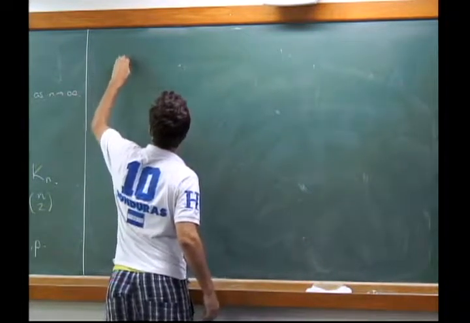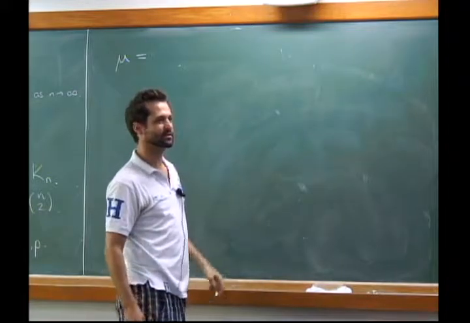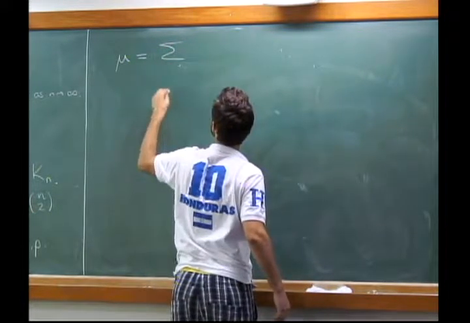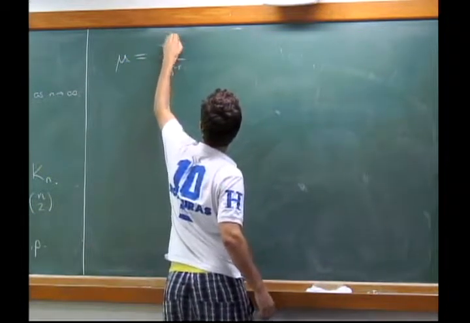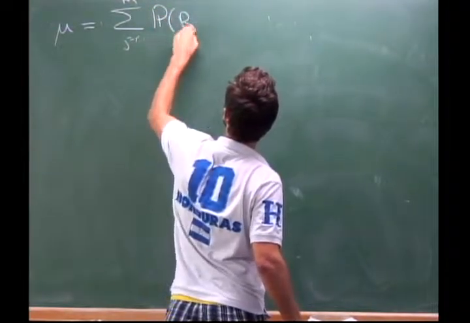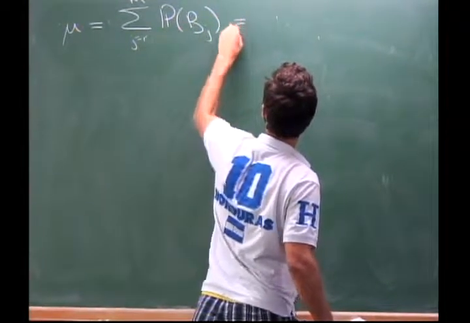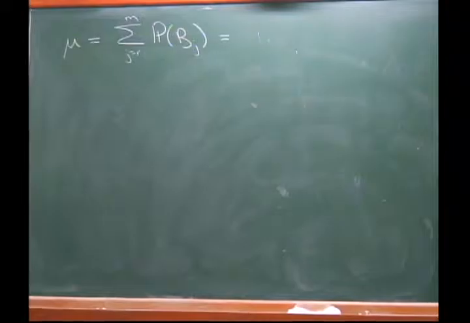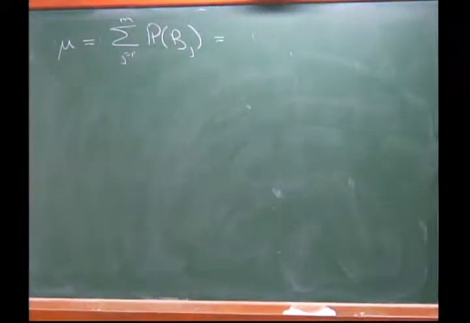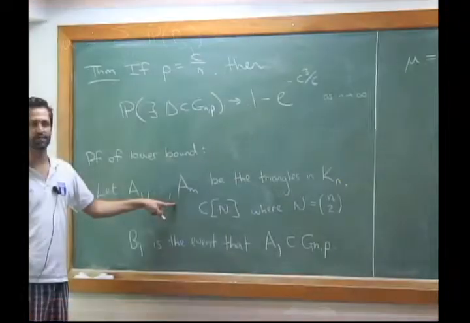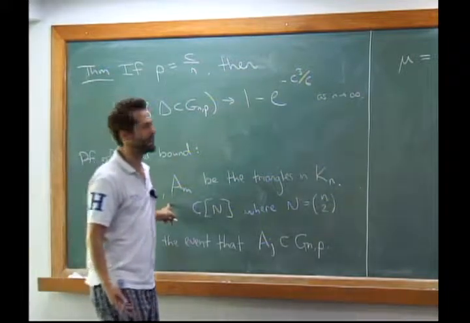So what is mu? Mu is the sum from j equals 1 to m of the probability of Bj. Well, what is m? M is the number of triangles, so n choose 3.